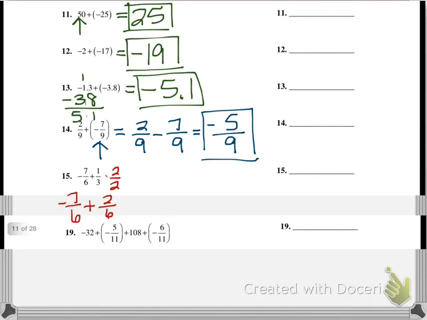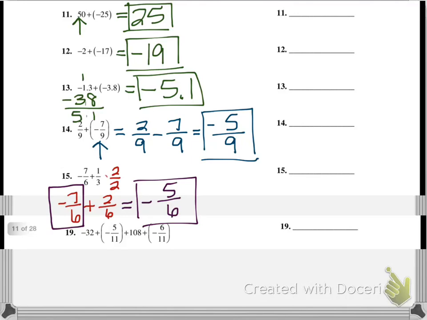Since my signs are different, I'm actually going to subtract and keep the sign of my larger absolute value. My larger absolute value would be the one with the 7/6. 7/6 is definitely larger than 2/6. So I know that my answer will be negative. I subtract my 7 and my 2, and I get 5. Keep my denominator of 6, so negative 5/6.